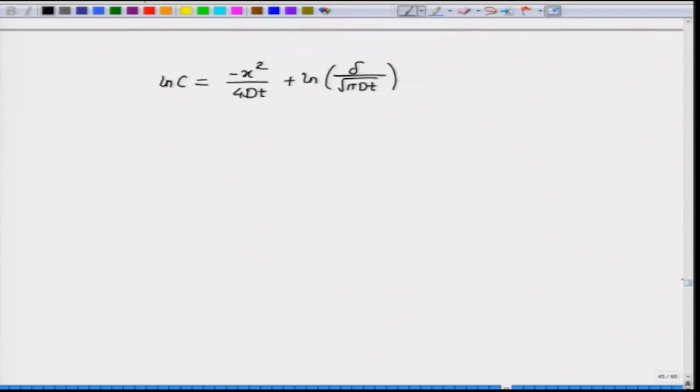So, this is a simpler form which tells me if I plot ln C against x square, what should be the nature of the plot? Should be a straight line, right, with a slope. What should be the slope?